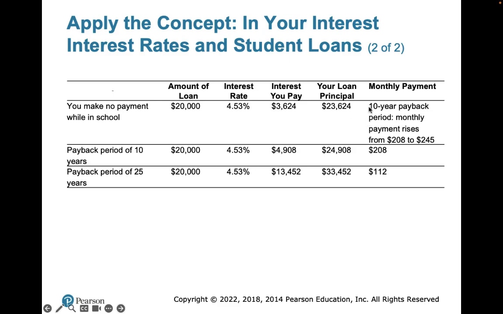If you are able to pay while in school, which is very rare and mostly not possible, because if you have this money you would probably not go for the loan, you see how small the interest is going to be compared to this 4,000 and this 30,000.